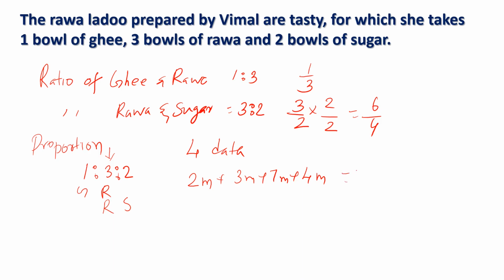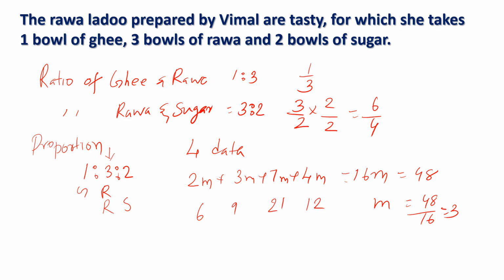And if it is equal to 16m by total, and if the total is 48 or something, we will say that m is equal to 48/16, which is equal to 3. We can substitute here and write 6, 9, 21 and 3 4s are 12.